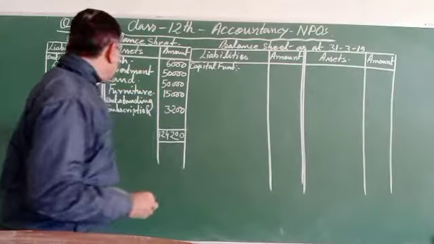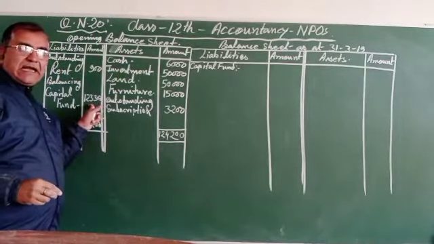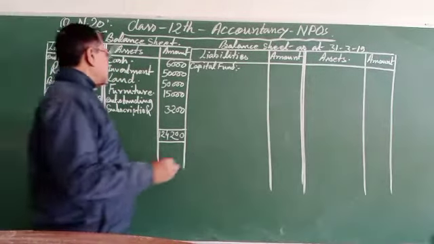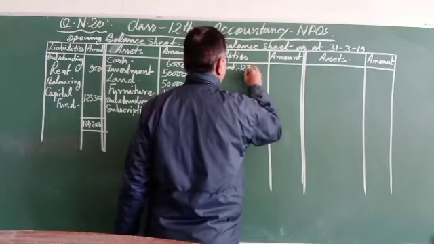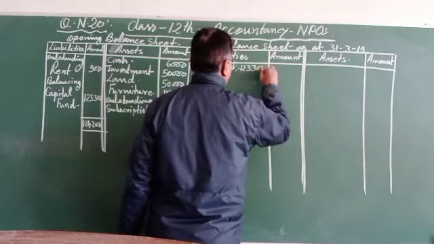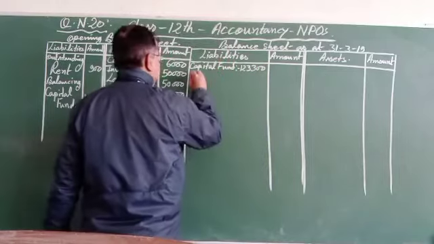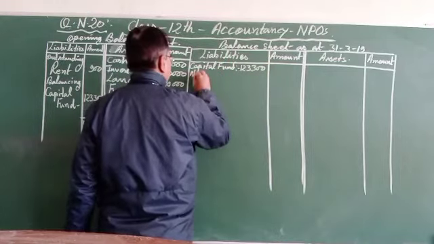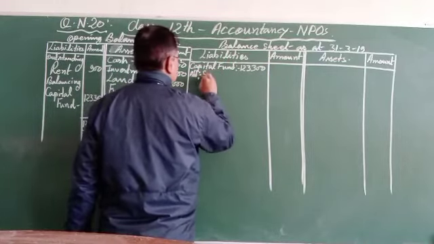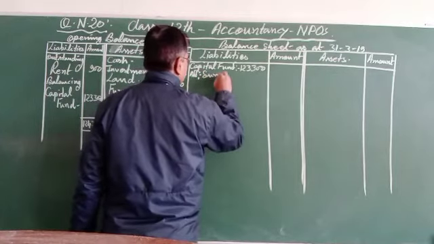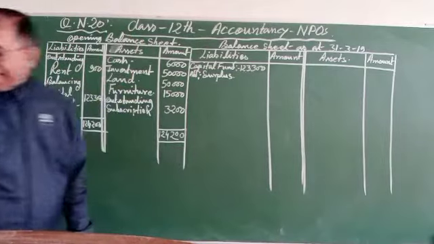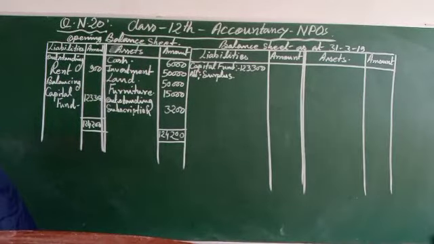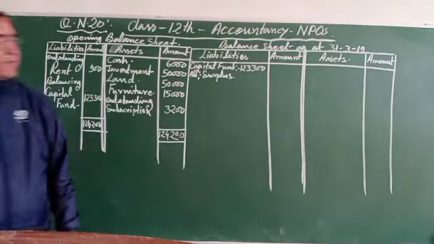The opening capital fund calculated in the opening balance sheet is 1,23,300. Then add the surplus to the capital fund, that is given, 15,150.